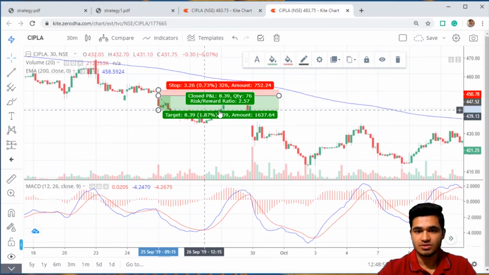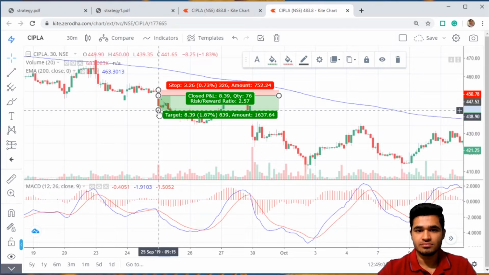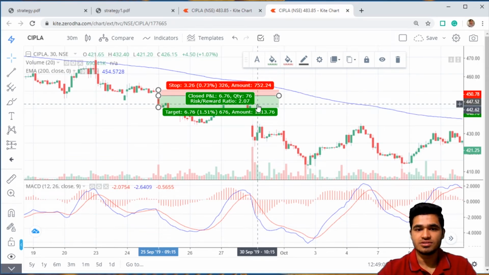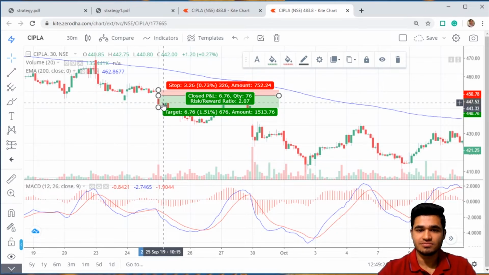Decreasing it so that this becomes 2. It's 2.07. So just imagine within like half an hour, you came to your risk to reward ratio. So if you have 10 trades like this in a day, you'll be highly profitable.